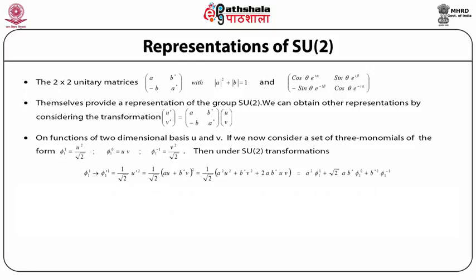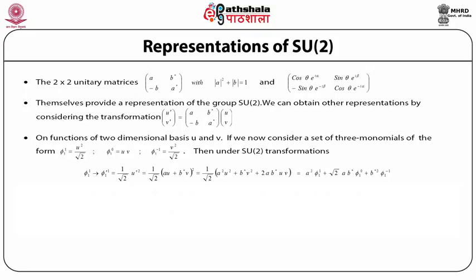Therefore, phi 1 1 prime is equal to 1 by root 2 times a u plus b star v whole square, which is equal to 1 by root 2 times a square u square plus b star square v square plus twice a b star u v. Here u square is root 2 phi 1 1, v square is equal to phi 1 minus 1 into root 2, and uv is equal to phi 1 0.